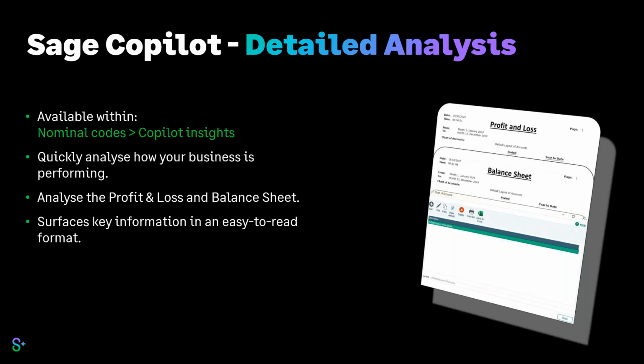So this was made available within the nominal codes Copilot Insights area. You've got this detailed analysis, which is what I would refer to as more of a commentary style analysis, showing your strengths and maybe your weaknesses and trying to identify those for you. So surfacing key information, but providing that in an easy to read format. So I'll show you this one.